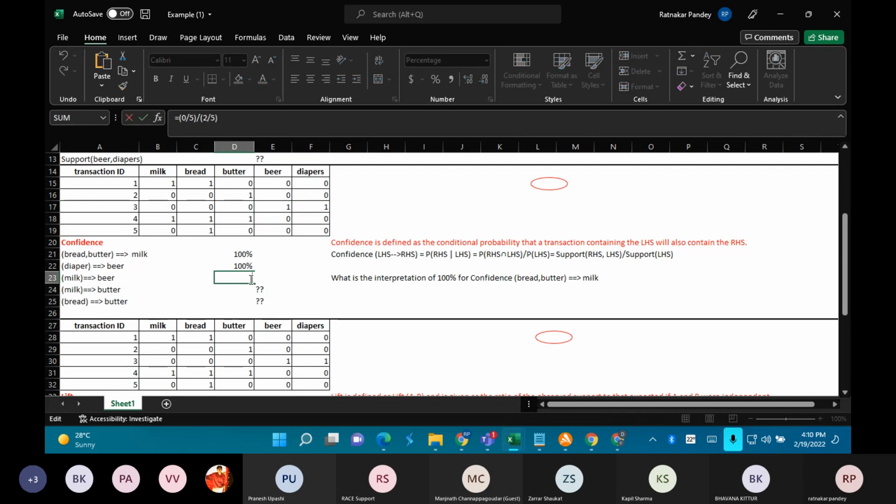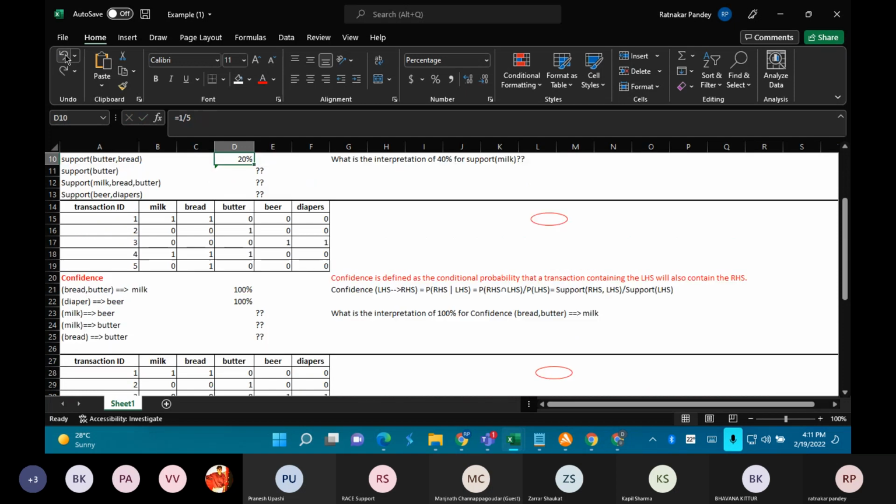Because there's no transaction where milk and beer have been bought together. Remember, this is the holy grail: the support for the right hand side and left hand side combined together. There's no such transaction where both happen, so that is why it's 0.